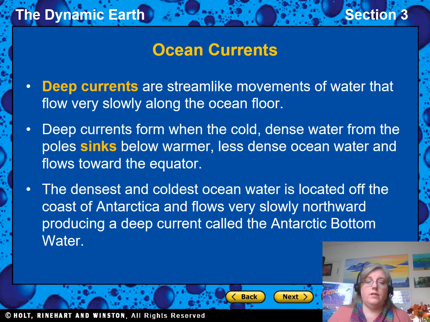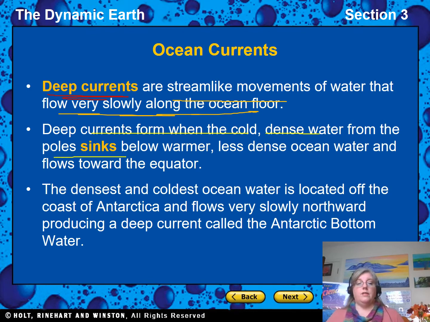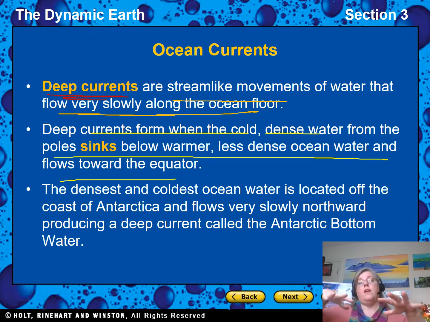The deep ocean currents, these are the ones that I said were way on the bottom of the ocean. They're stream-like movements also, but they travel very, very slowly along the ocean floor. The deep currents form when the cold, dense water from the poles sinks below the warmer, less dense water near the equator. So think about it. At the equator, the water is going to be warmer. At the poles, the water is going to be colder.